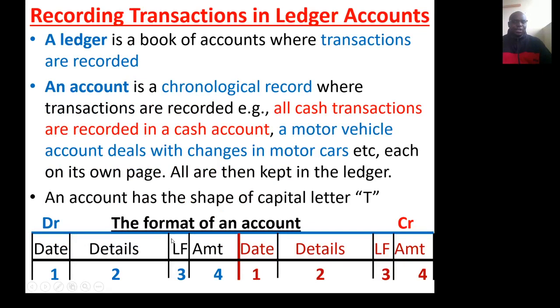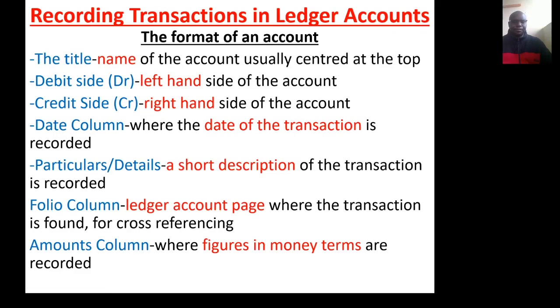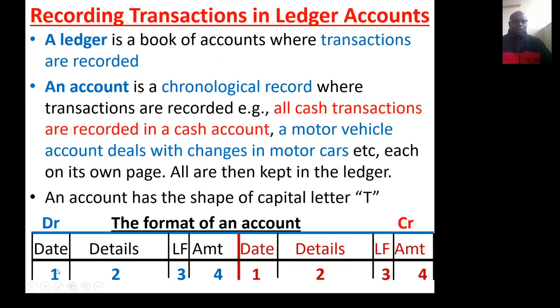It will depend on which type of account, but majorly all accounts have 4 or at least 4 columns. On the right hand side, we have CR or credit side. When it comes to columns, we have the date column, the details or particulars column, the ledger folio column, and amount column.